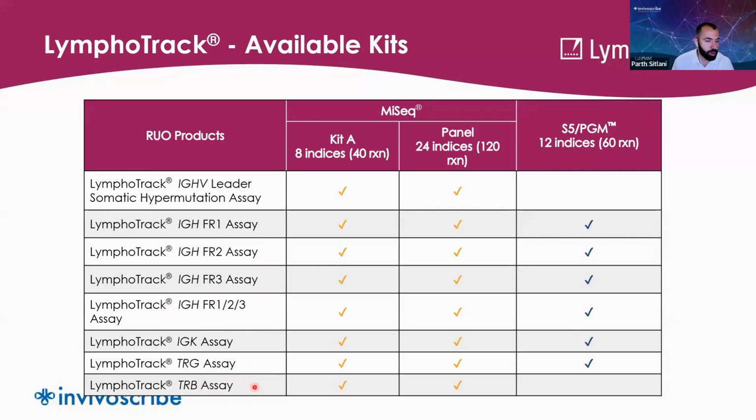So really focused in on the two primary targets for each of the different B cell and T cell types. They're available on Illumina platforms in 8-index format for lower throughput labs and in 24-index format for higher throughput labs. And they're also available in 12-index format for Ion Torrent users, though we do have a slightly limited selection of targets for Ion Torrent platforms.